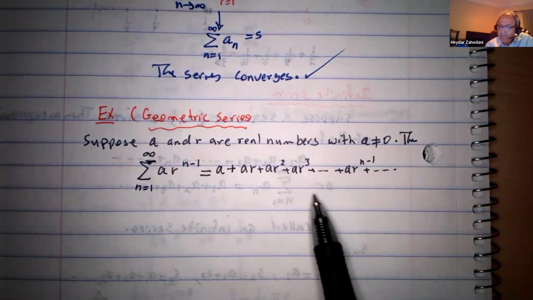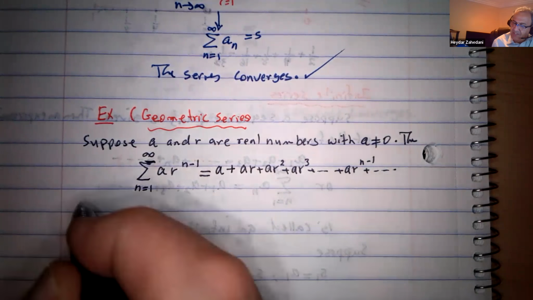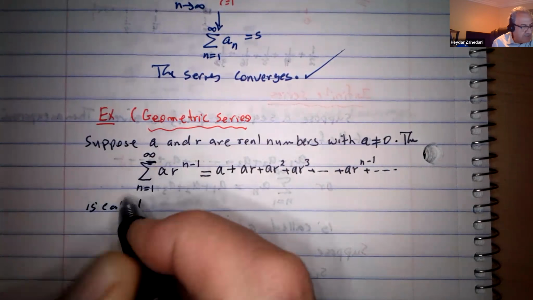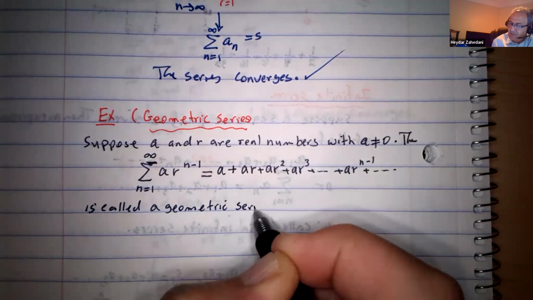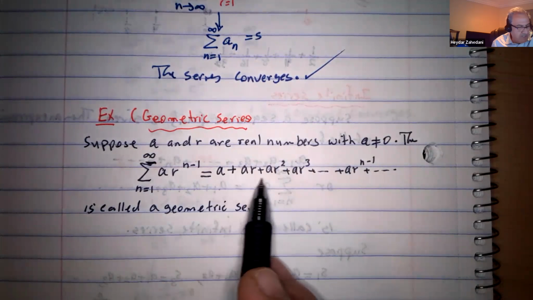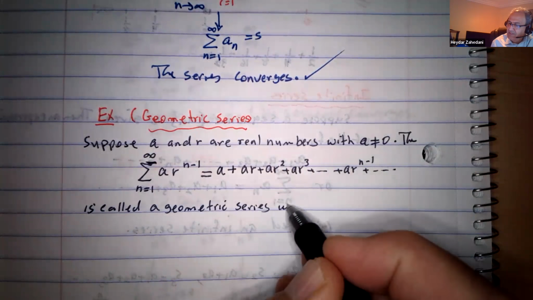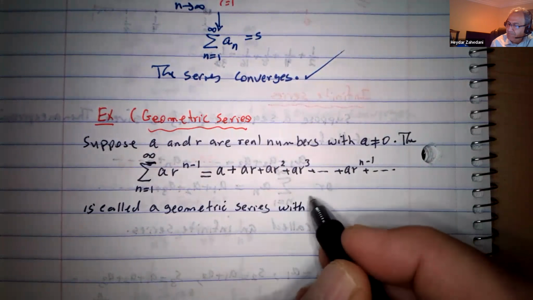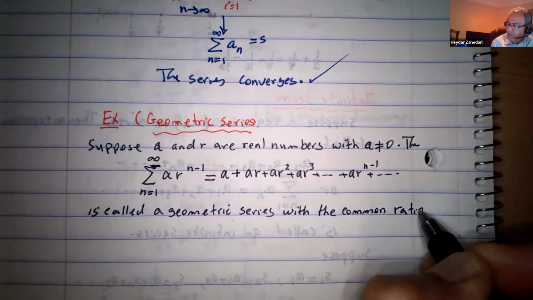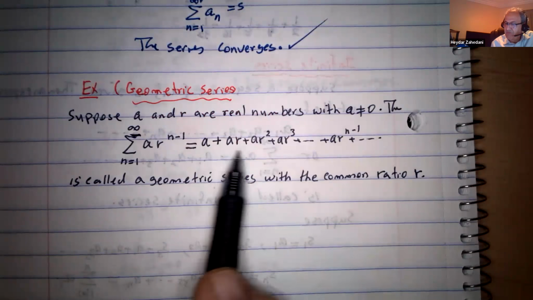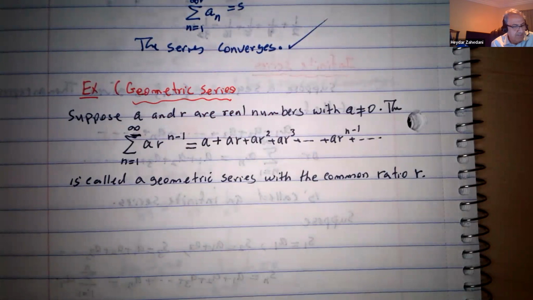If this is the case, it is called a geometric series with the common ratio R. Because if you divide any two consecutive terms, the result would be R. So you must know that A is the first term, but R is the common ratio.